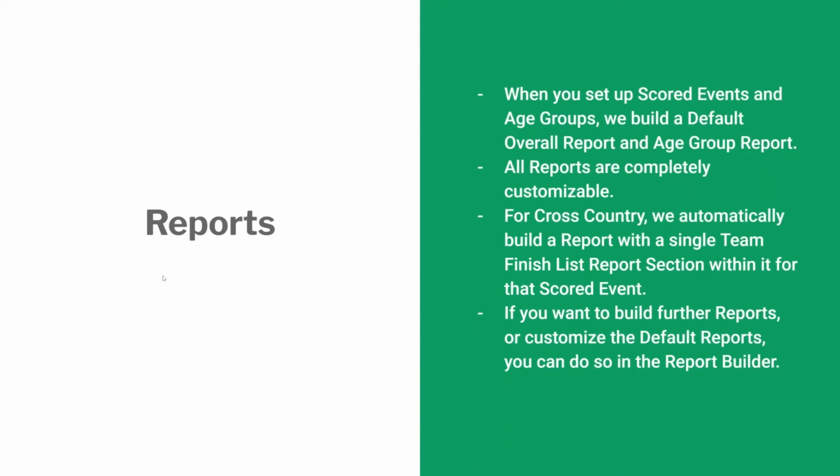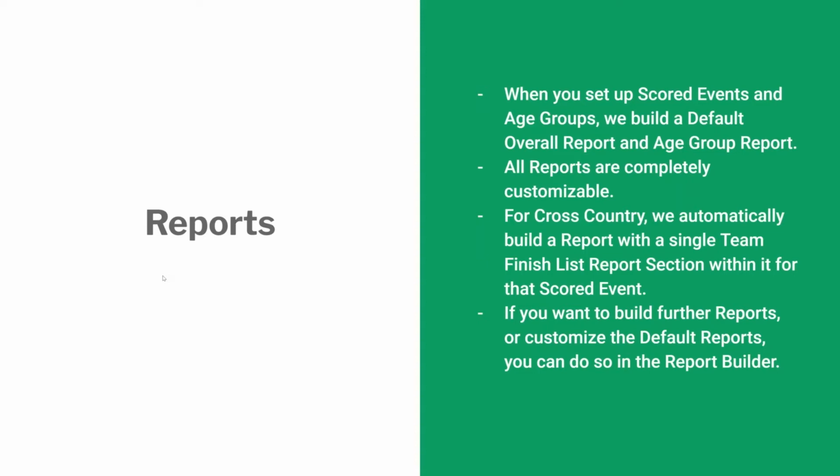So let's talk a little bit more about reports. Like I showed you in the last couple of screenshots, we automatically set up some reports for you in the future when you set up scored events. So for cross country, we automatically build a report with a single team finish list report section within it for that scored event. So when you set up the 9 a.m. and you click save, you're going to have a report for that 9 a.m. start. Maybe it's boys JV.